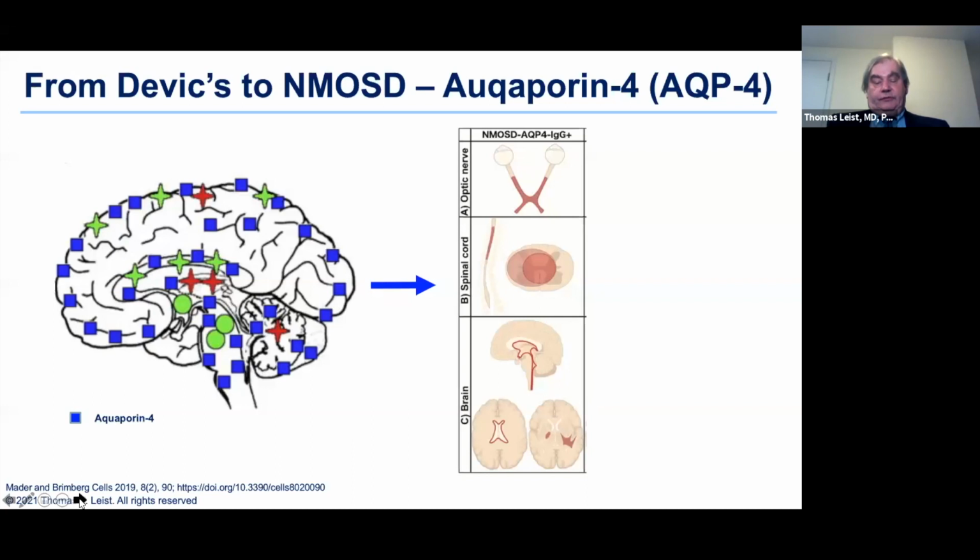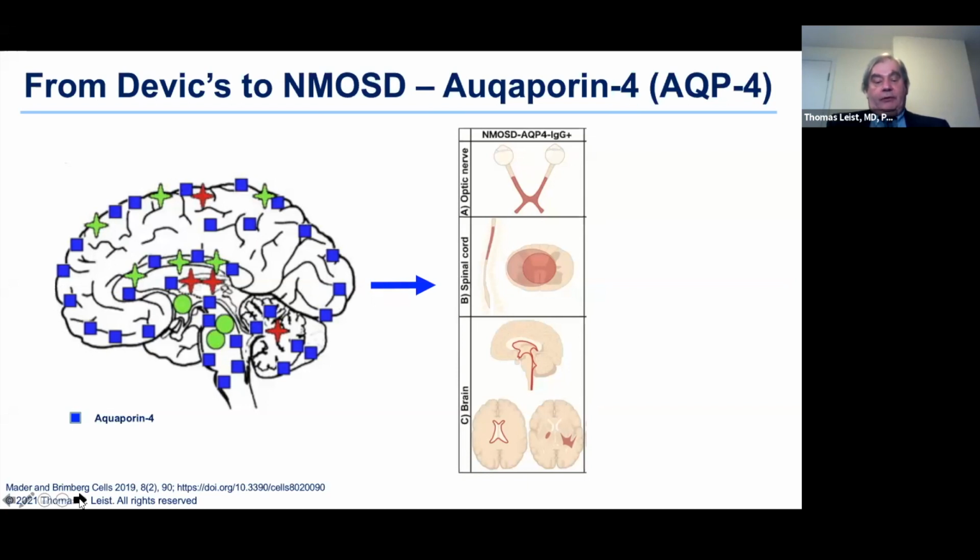And you see this over here in this cartoon, where we see on top the two eyeballs, and behind the eyeballs we see the optic nerves, and where the two optic nerves come together, that's the chiasm. So you see that in neuromyelitis optica we have inflammation in the optic nerves.